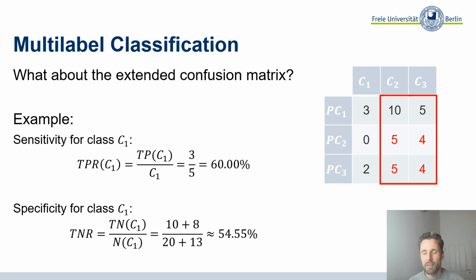We look at the output of the classifier that corresponds to the other classes and sum all these up. So this is 18 divided by the total number of samples in all the other classes, so 33, and then we have a specificity of the classifier of almost 58%.